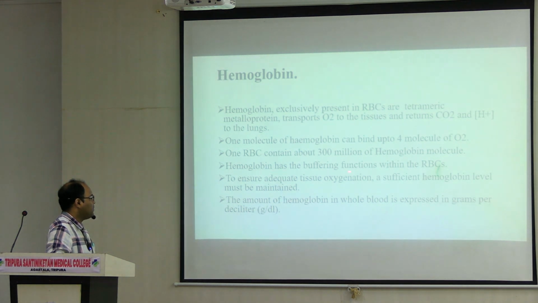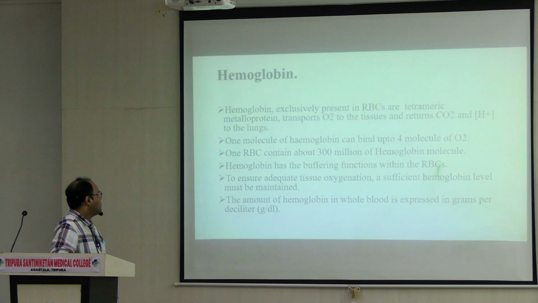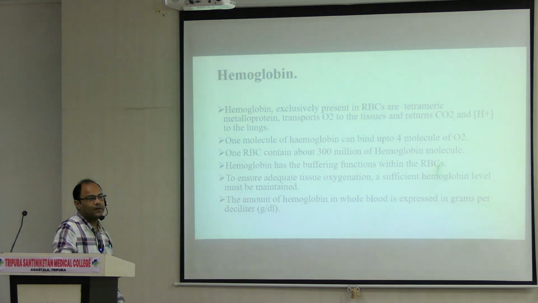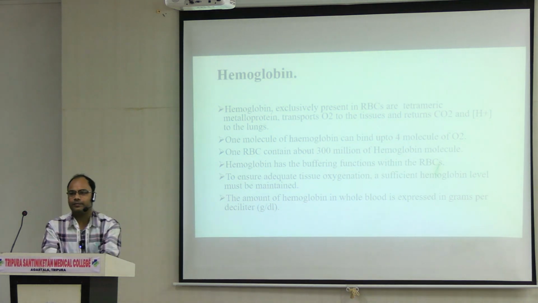Hemoglobin has a buffering function within the RBC. As you learned already in your acid-base buffering system, you know that hemoglobin also has some buffering capacity. What is buffer? Remember anyone? What is buffer?